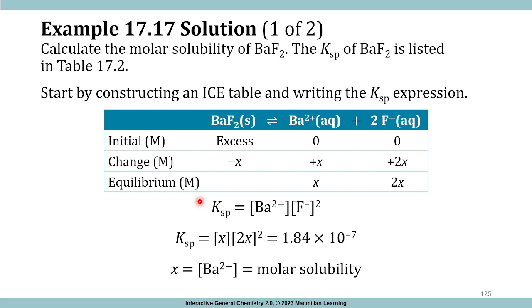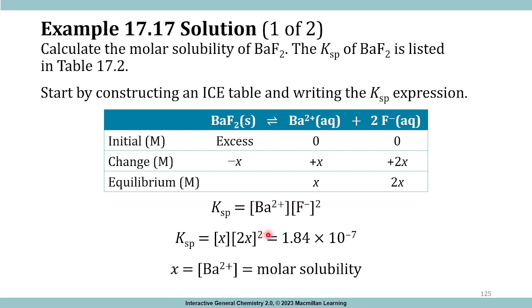So we're going to write out our expression. Again, it's going to be the concentration of Ba2+ times the concentration of F minus. Don't forget your coefficients are your powers, okay? I know that we've been away from that for a bit, about a chapter and a half now, but keep that in your head. So those numbers are going to get substituted with these x values, so x and 2x squared.